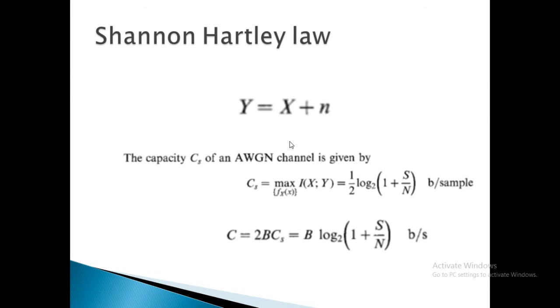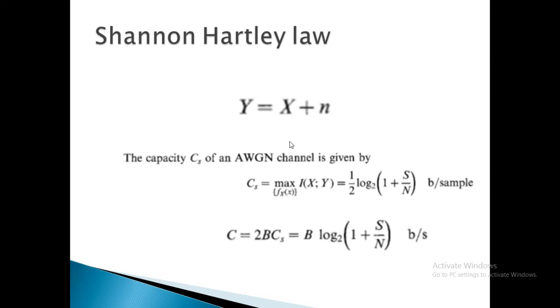The capacity of the channel is C equal to the maximum over f of x of I of x comma y, which is equal to 1 by 2 log base 2 of 1 plus S by N. Here S divided by N is the signal to noise ratio at the channel output.